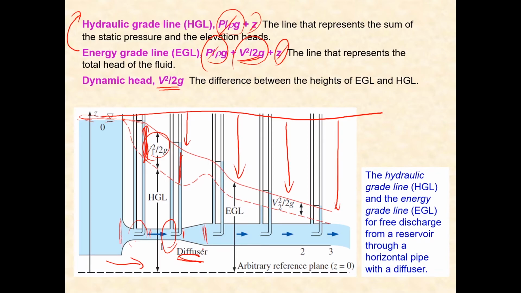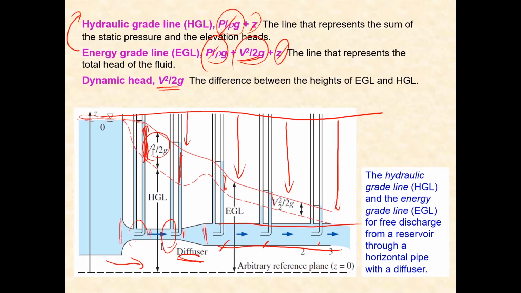So what is going to happen? The velocity is reduced, so the dynamic pressure is getting smaller compared to before the diffuser. From the third to the fourth to the fifth tube, the dynamic head remains unchanged because the opening is constant afterwards.